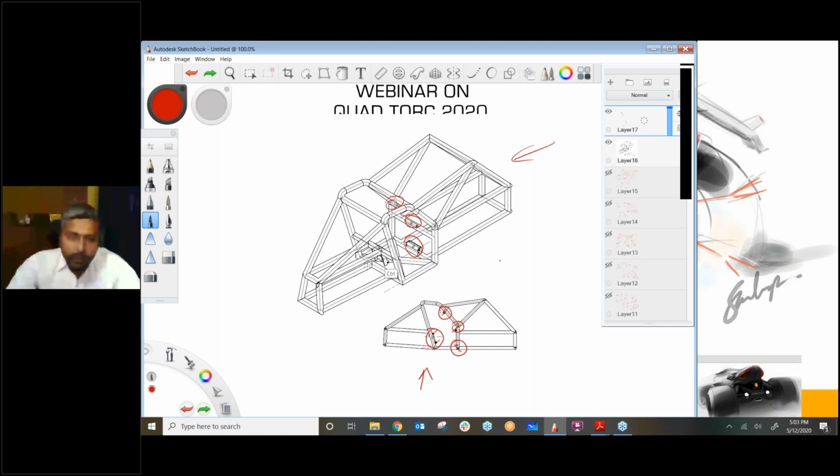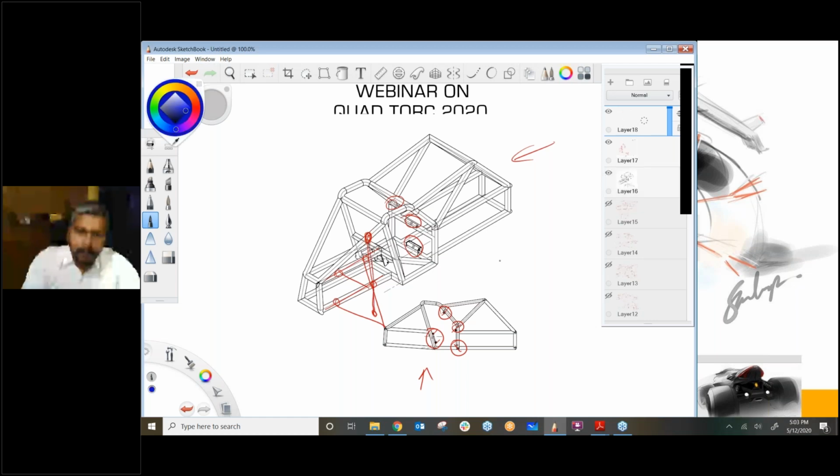Okay, so this is a diagram for lateral load transfer when the vehicle is taking a right turn. This is the left side of the vehicle, this is the right side, and we are looking at the vehicle from the front.